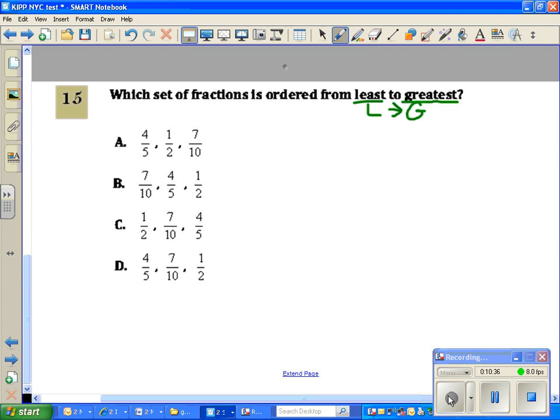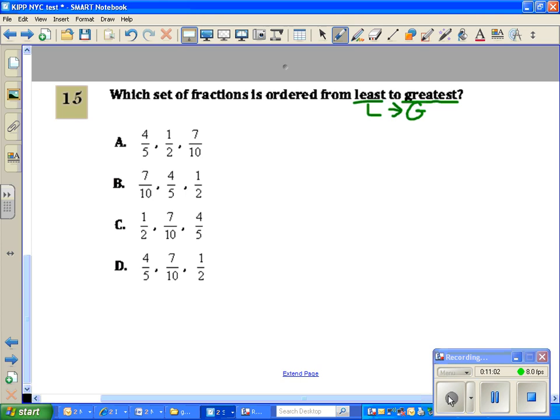I'm noticing that all the denominators here are denominators that I can use when I sing the decimal song. So I think I'm going to use the decimal song here, and it's going to make this work much faster. So I have fifths, halves, and tenths. So I'm just going to put how much money this would be on top of each fraction and see if it goes in order from least to greatest.